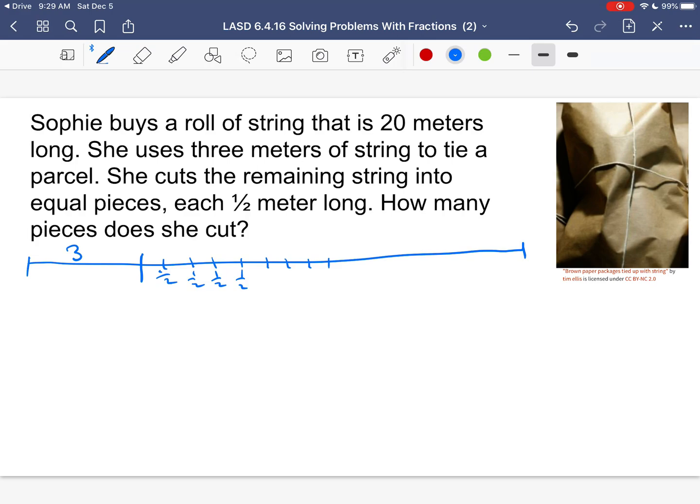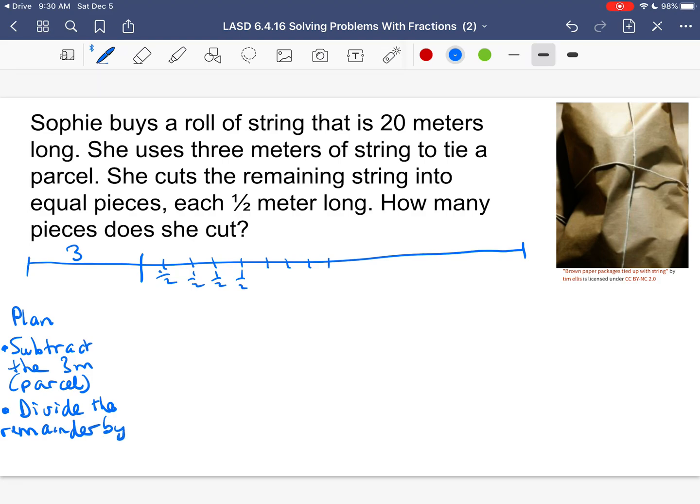Alright, so my plan is that I am going to subtract the part that she used for the parcel, the 3 meters. And then my next step is I'm going to divide the remainder by 1/2, because it's in half-meter pieces.